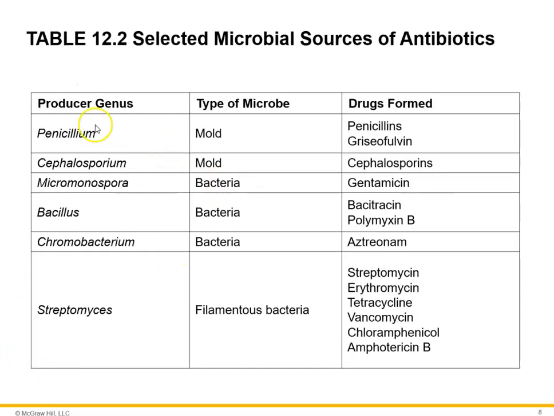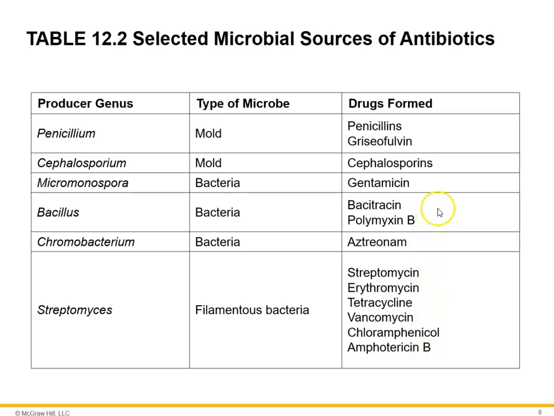This table just shows the genus of some different microorganisms and what drugs we get from them. For example, Penicillium, obviously we get the penicillins from them. Cephalosporium produces the cephalosporins. We get aztreonam from Chromobacterium. And then look at all of these drugs that we extract from Streptomyces, the Streptomyces genus.